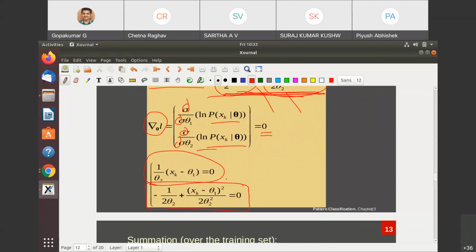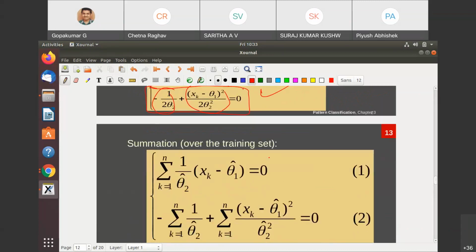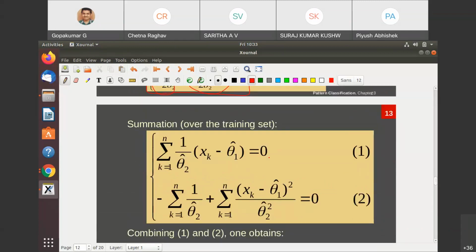They are straightforward, just apply the rules, there is no complexity involved. You get one term from the first term and one from the second term. So now we have the two equations, for the entire training set, with the summation from k equal to 1 to n. When it comes to our training set, we have a theta cap.